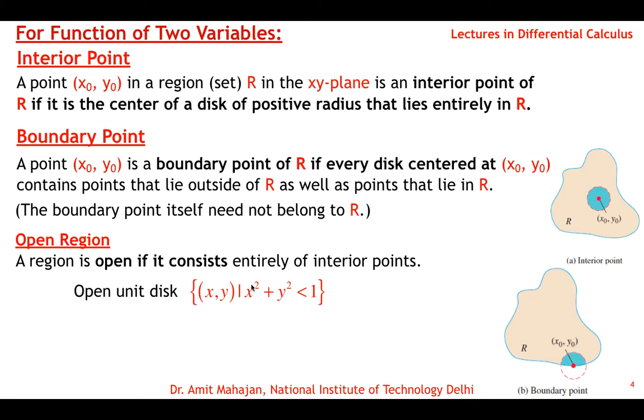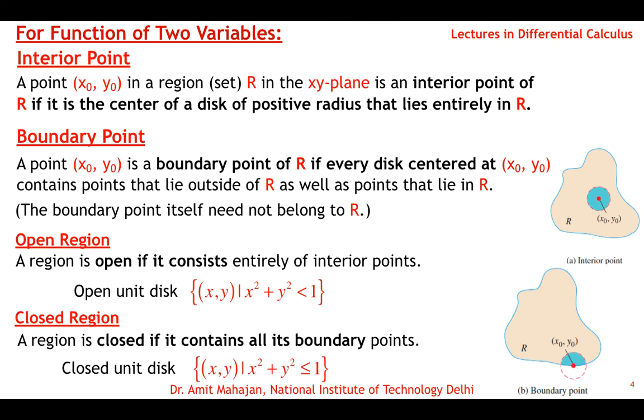The boundary will be the circle x square plus y square equal to 1, and no point of the boundary is part of this region. Okay, so it is an open disk, and it is an open region because all the points are interior points. That means if you choose any point in this region, you can draw a disk centered at that point such that all the points in the disk also lie entirely inside this region. Okay, so it is an open region.